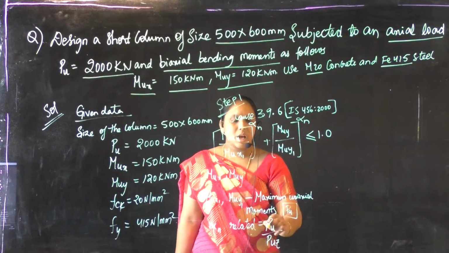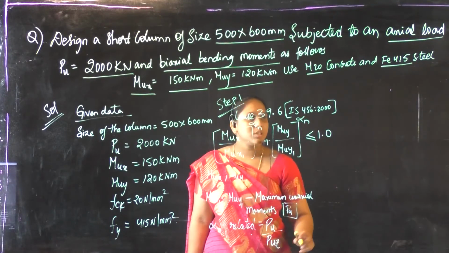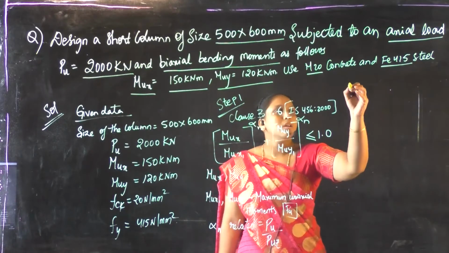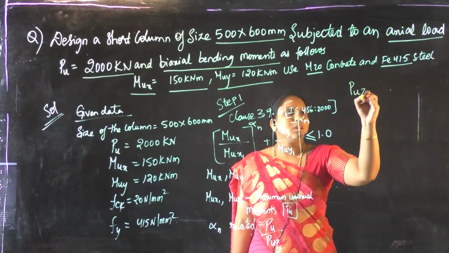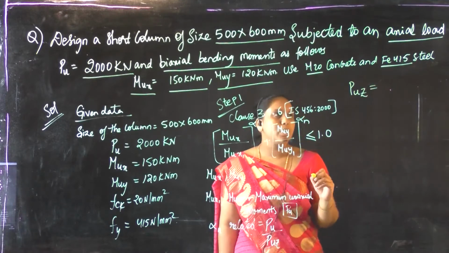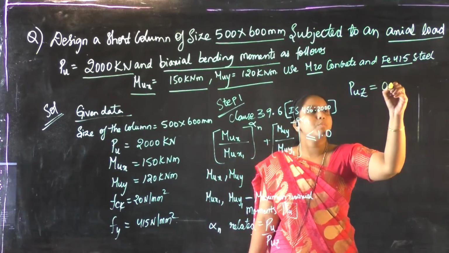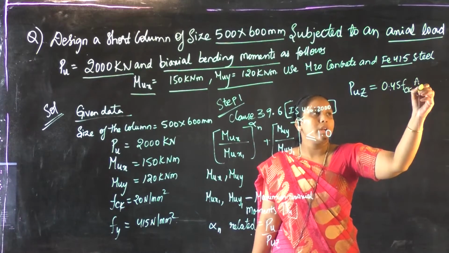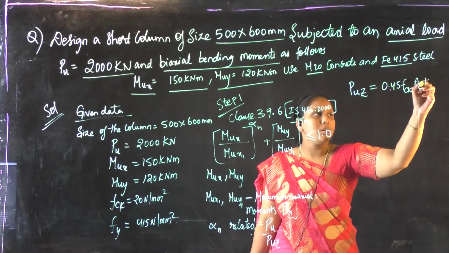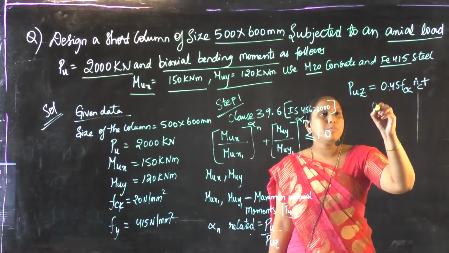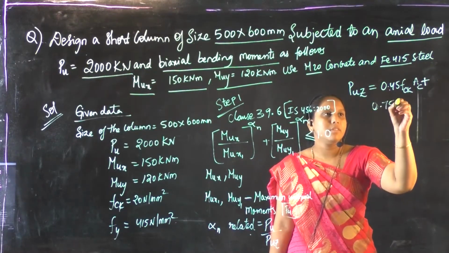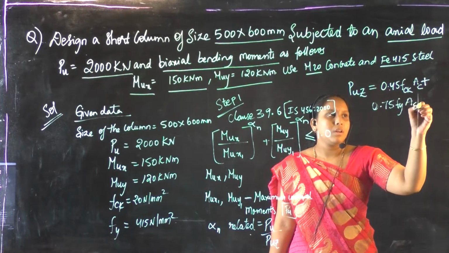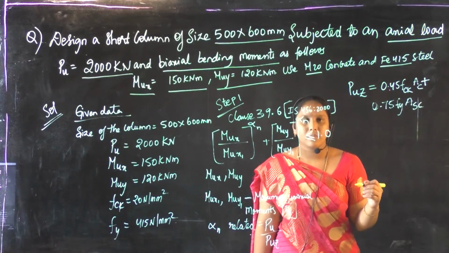PU is the axial load and PUZ can be calculated by using the equation PUZ is equal to 0.45 fck into Ac plus 0.75 fy into Asc.